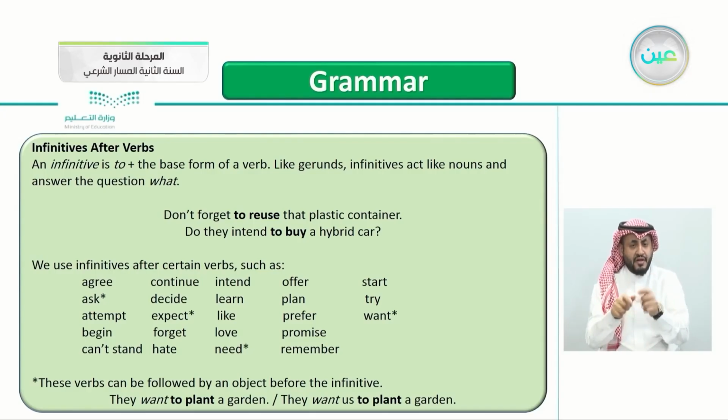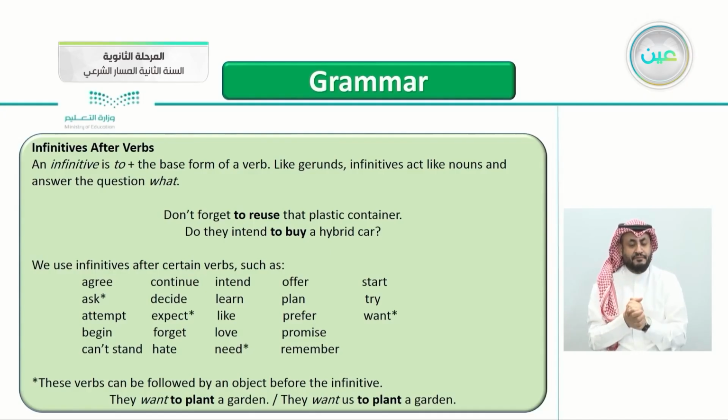For example here, they want to plant a garden, or they want us to plant a garden. So us here is an object. The object us came after the verb want.